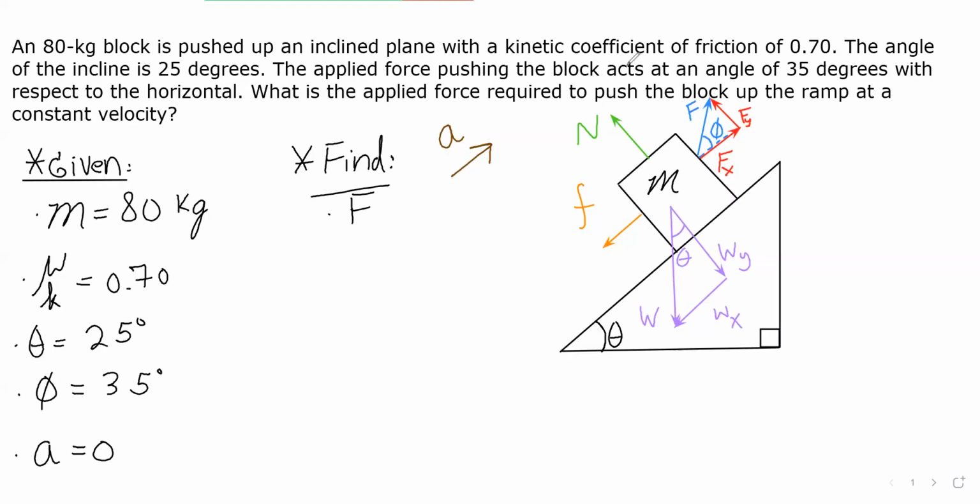So we apply Newton's second law in the x direction. Sum of all forces acting horizontal equals mass times horizontal acceleration. What are all horizontal forces? Well, we have an Fx, a friction, and a Wx. So I'm going to write those down.